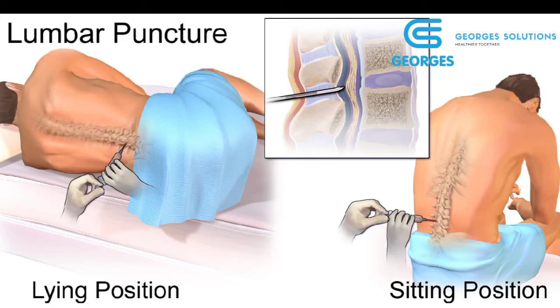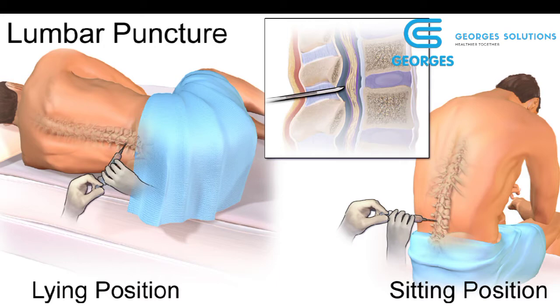The patient is placed in a side-lying position with the head flexed onto the chest and the knees drawn up, but not compressing the abdomen to the back. You don't compress the child, of course. This position helps to increase the space between the lower lumbar vertebrae so that the spinal needle can be inserted more easily between the spinal processes.